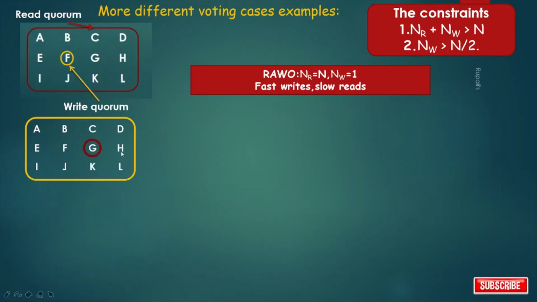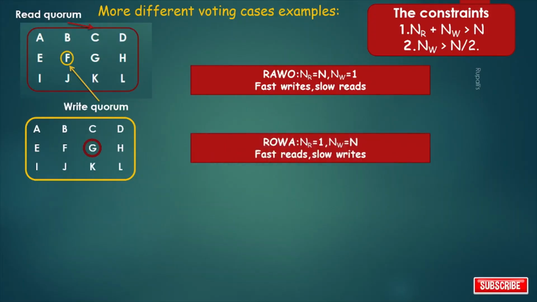Here the read quorum is 1 and the write quorum is 12. So we can say that ROWA means read 1, write all. That is nr equals 1 and nw equals n. So fast reads because nr equals 1, and slow writes because nw equals n.